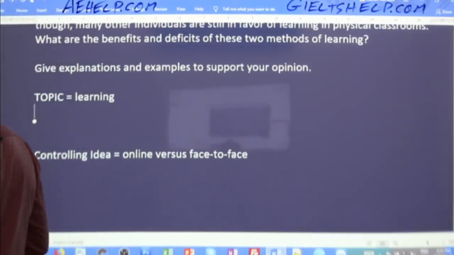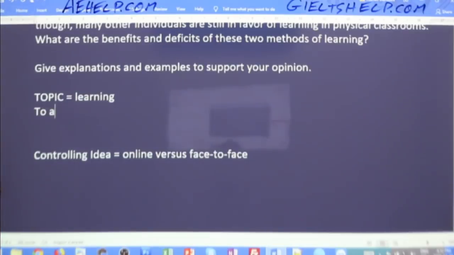So the topic here is learning, and what is learning? It is to acquire, so according to Jubilant James, acquire information.